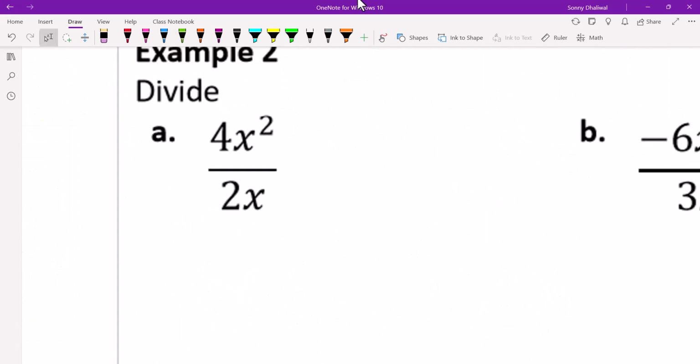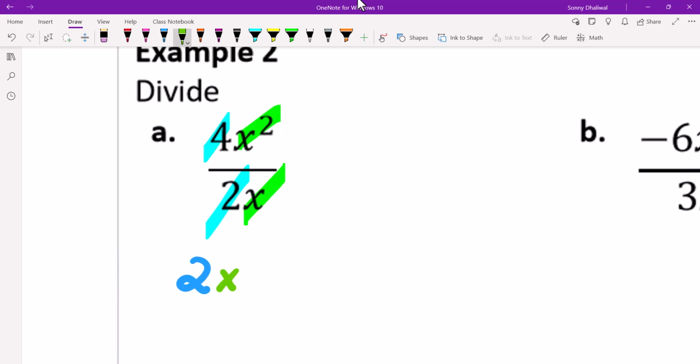First one, all right? Coefficients, just like with multiplying, deal with those first. A 4 and a 2. Combine them together, what do we get? 2. It's 4 divided by 2. We get 2. We have an x on the top and an x on the bottom, so those can be combined.